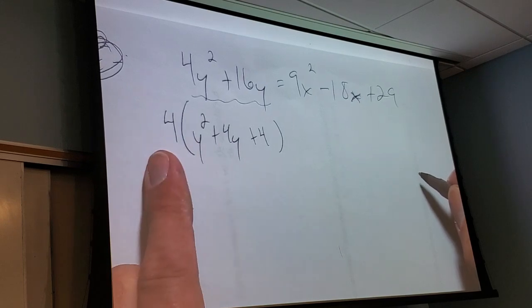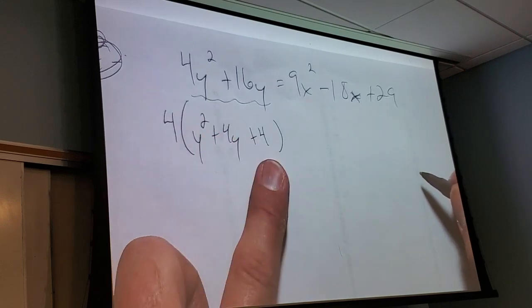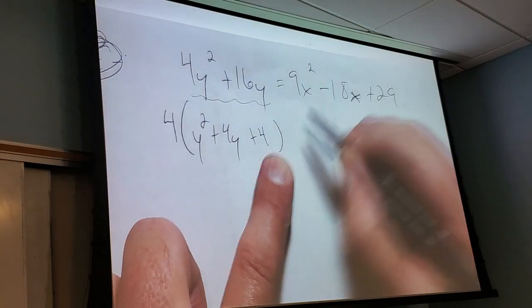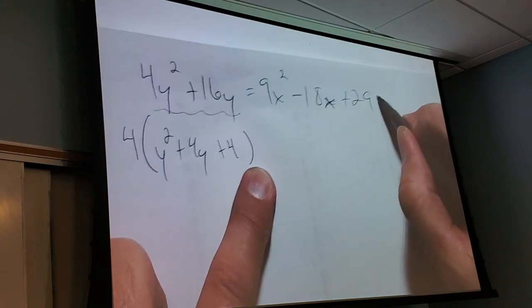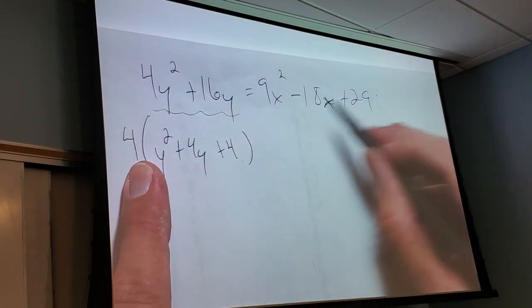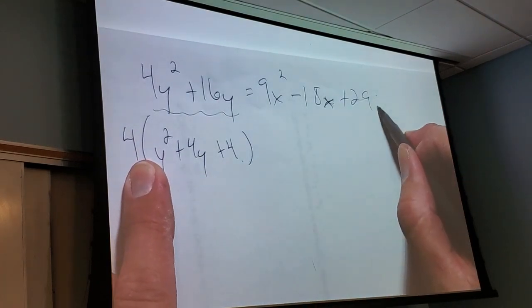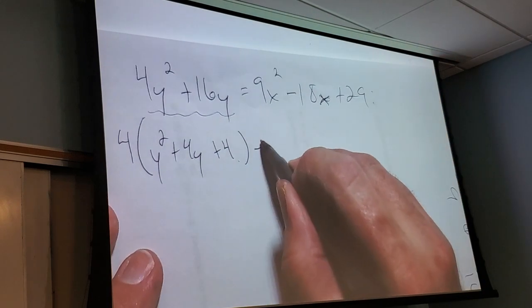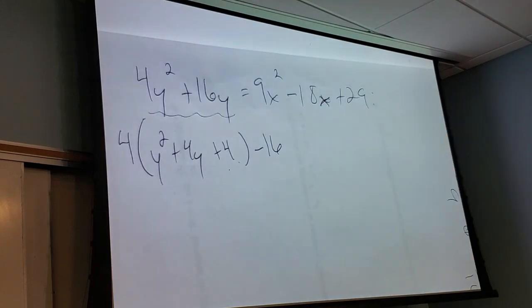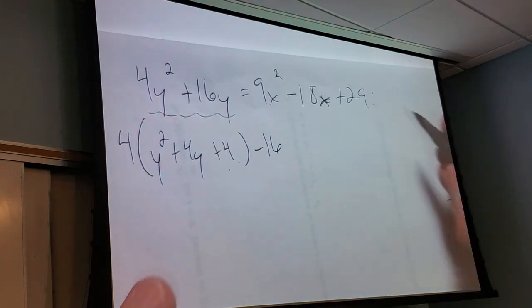I added 16. Now you could either say minus 16 here, or you could just add 16 to the other side. If I add 16 to this side, shouldn't I add 16 to that side? But let's go ahead and do this, because I think you guys are a little more used to, I added 16, so I better subtract 16. It doesn't matter which way you do it.